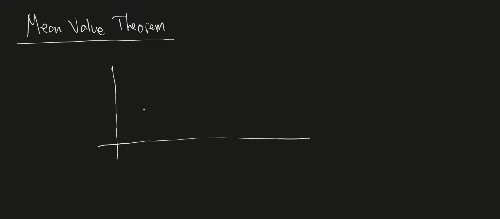Before I state it, I am going to draw a continuous function on a closed interval, and as usual we're going to call that interval a to b. There's our nice continuous function that's also differentiable. I don't have any sharp corners. Now I'm going to draw the secant line that connects the two endpoints.